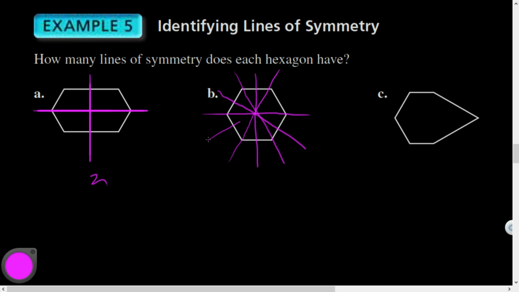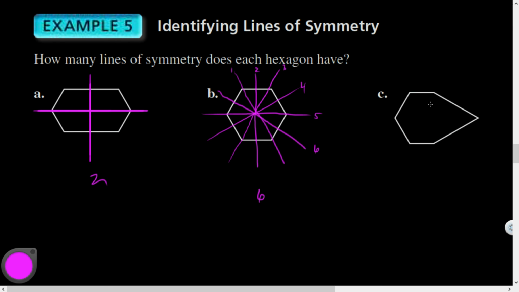A circle would have infinitely many lines of symmetry. Is it 6? I think I should have counted when I drew mine, because I don't want to count each line twice. So 1, 2, 3, 4, 5, 6. And if I tried counting this one, you notice that's the same as line 1. So that's 6.